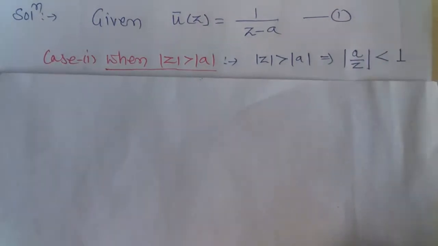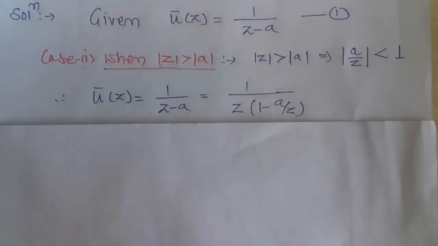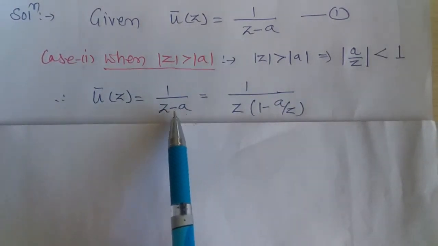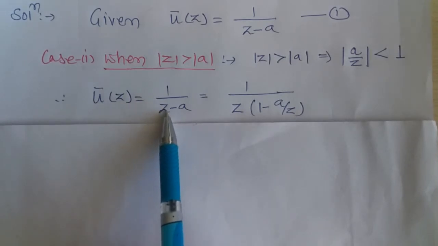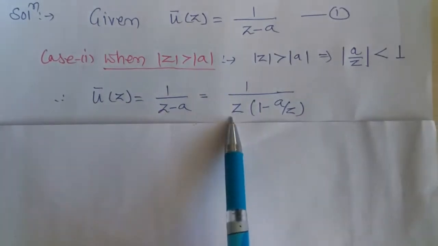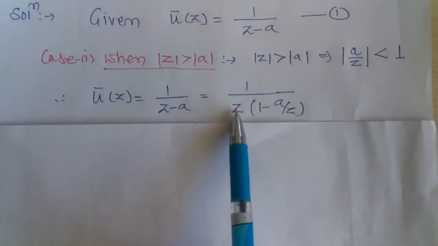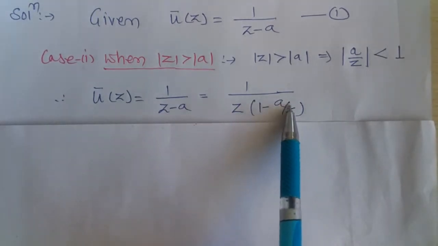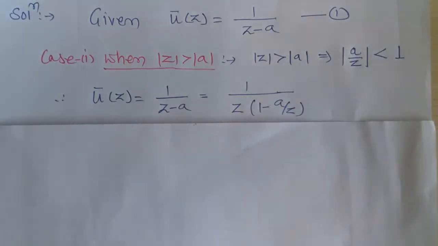So we write U bar Z, which is 1 upon Z minus A, and then we take Z common from the denominator, then we get 1 upon Z, and after taking Z common we get 1 minus A by Z, which is suitable for our region of convergence.